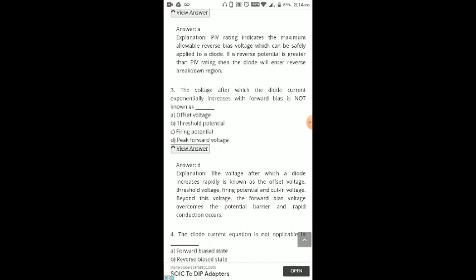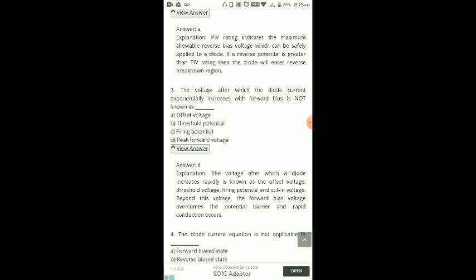The voltage after which a diode current increases rapidly is known as offset voltage, threshold voltage, firing potential, and cutting voltage, that is V gamma. Beyond this voltage, the forward bias voltage overcomes the potential barrier and rapid conduction occurs.